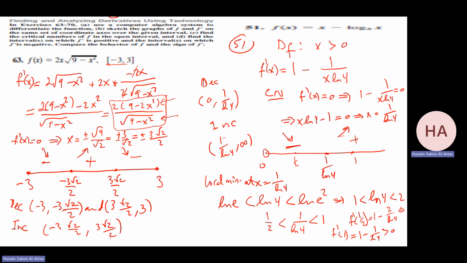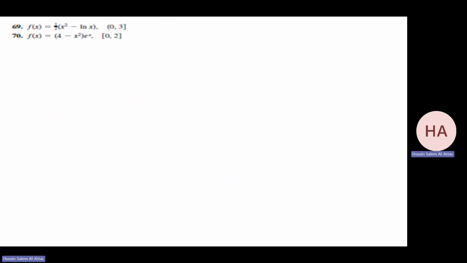This is decreasing, increasing, decreasing. I think this is what they want, they just want to find the intervals. There is a relative minimum at minus 3 square root 2 over 2, and a relative maximum at 3 square root 2 over 2.